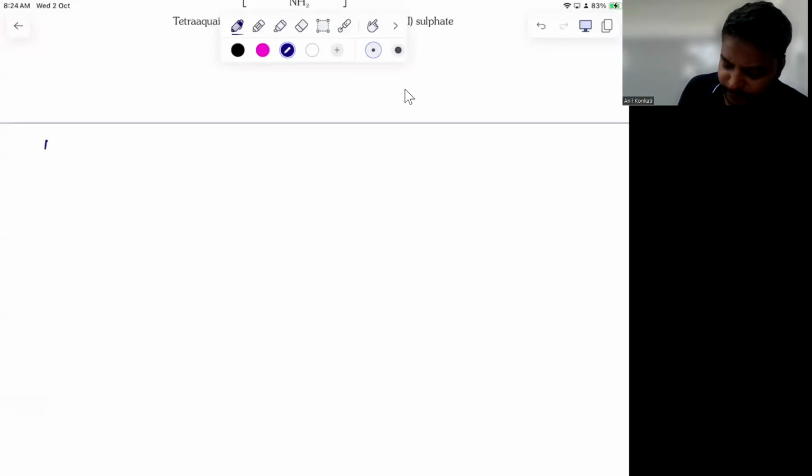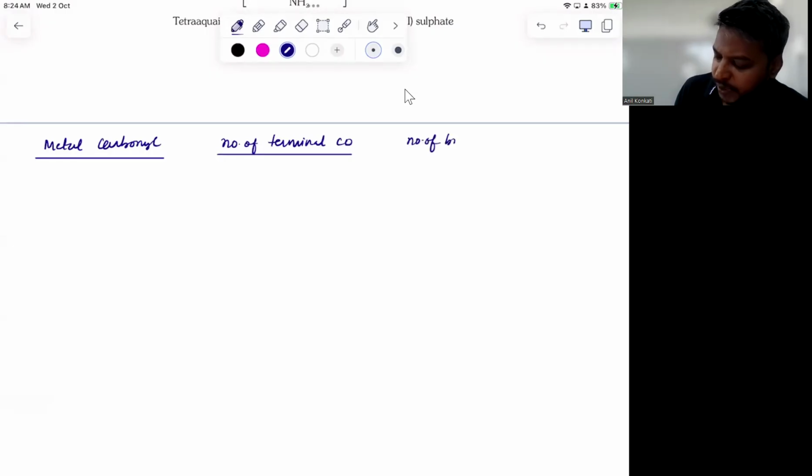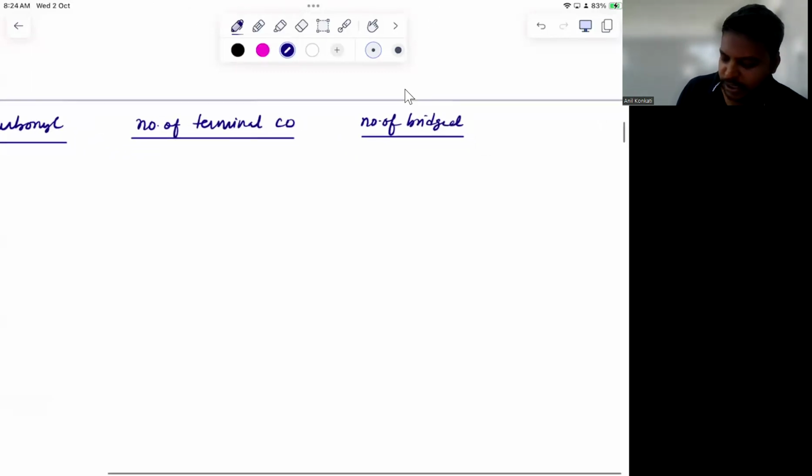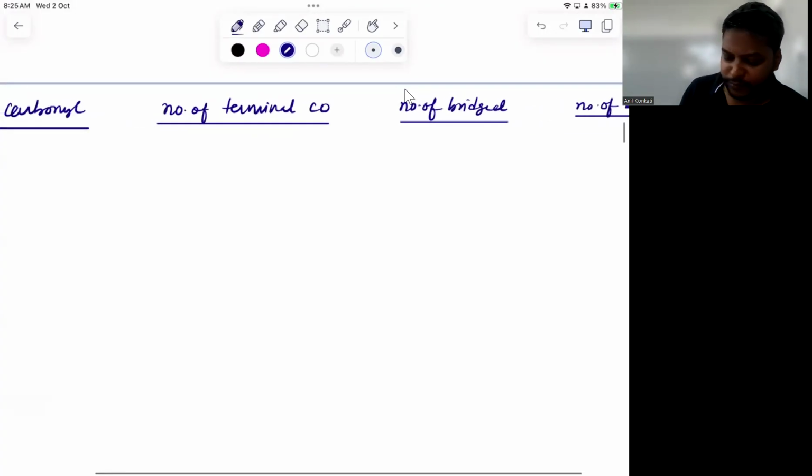First, metal carbonyl, and then the number of terminal CO groups, how many we have, the number of bridged CO groups, and lastly, how many metal-metal bonds.